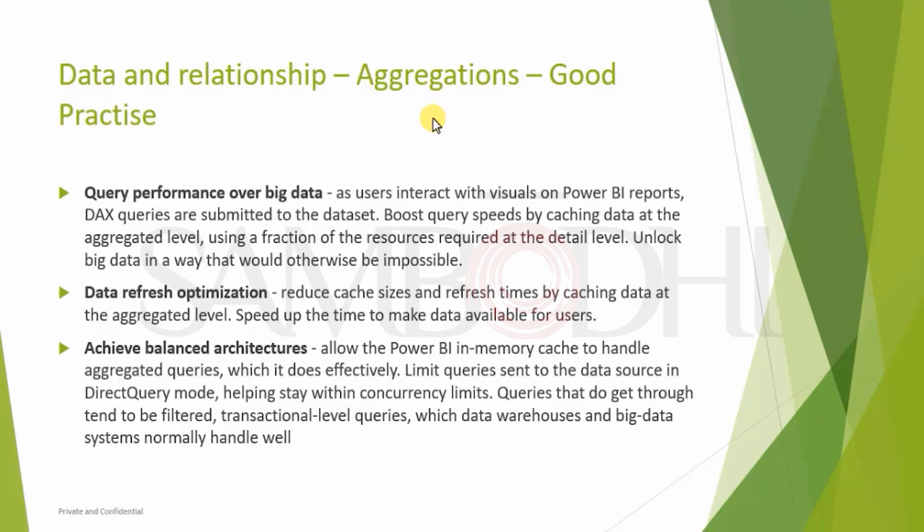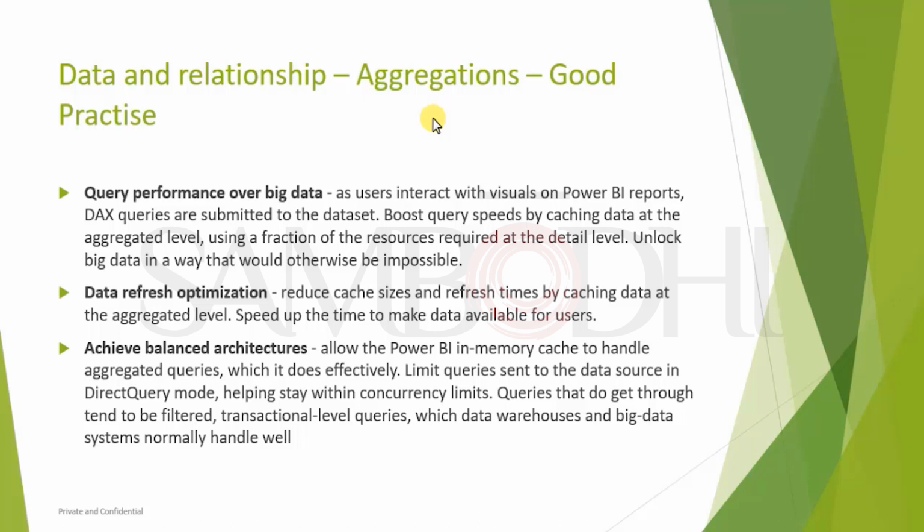That is how. So the idea is, when you are dealing with a huge amount of data which cannot be imported in the Power BI desktop, you would definitely fall back on the direct query. But when doing the direct query, you would also have to push on certain filters so that the data coming into your system via direct query is up to 10 lakh rows, or otherwise 1 million rows. Data refresh optimization: reduce the cache size and refresh times by caching the data at aggregate level.